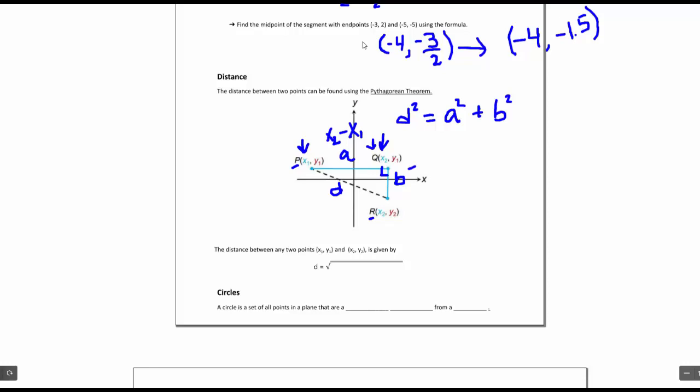And so B would be equal to y2 minus y1. And it doesn't matter if you take y2 minus y1 or y1 minus y2. The standard way of writing the formula is y2 minus y1. You're going to get the same number once you square it. So just remember that you're subtracting the x's and then squaring that.